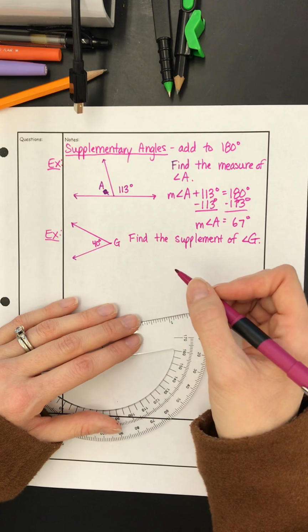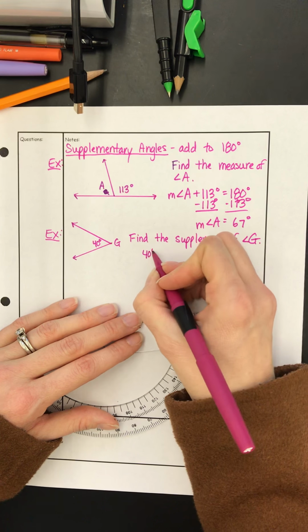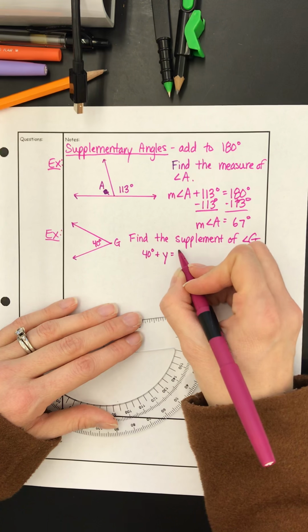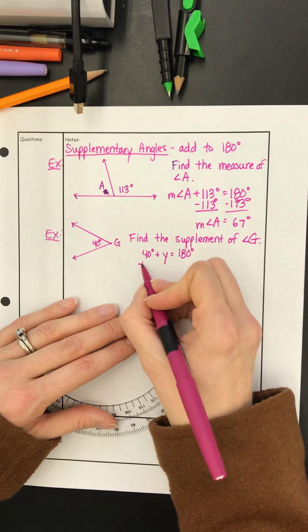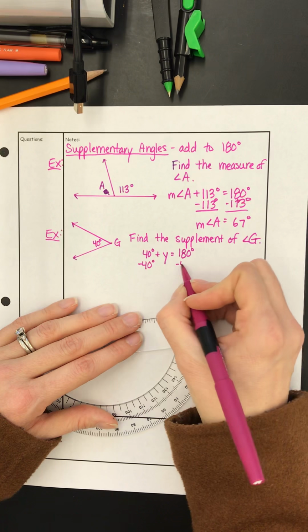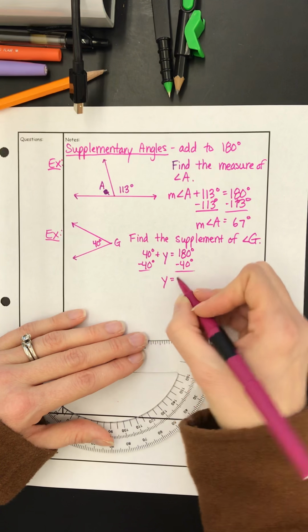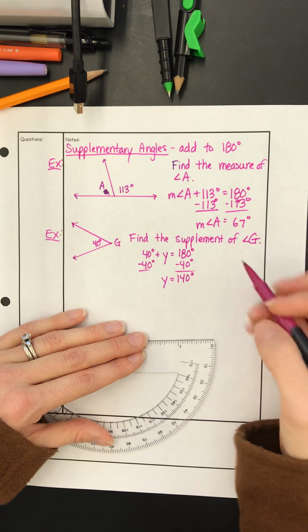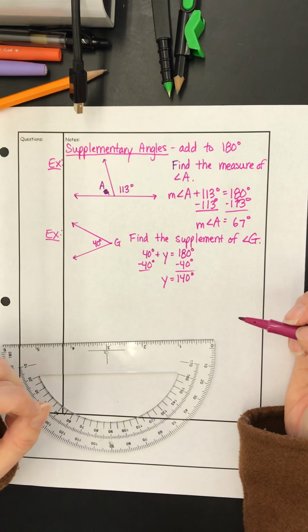So we're just going to call that value Y. So we're going to say 40 degrees plus the supplement of it, Y, is going to be 180 degrees. So I'm going to subtract 40 degrees from both sides, and I'm going to get that Y is equal to 140 degrees. So the supplement of angle G is 140 degrees.